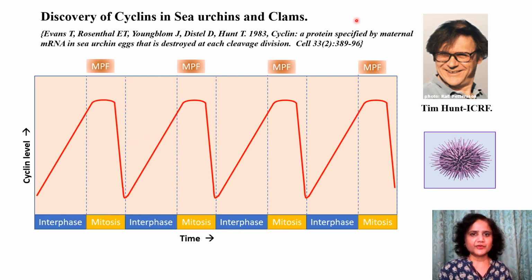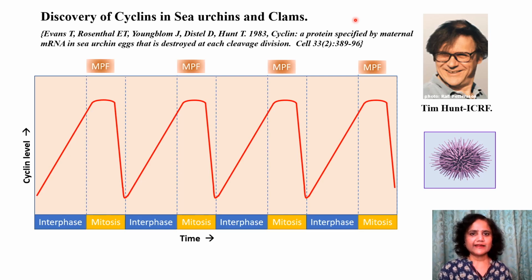The levels of the proteins were quantified and compared with the timing of cell division, and it was observed that each time its level falls just before cleavage, or just before the cells divide, which corresponds with the end of mitosis. So this protein appeared to be destroyed each time the cells divided.